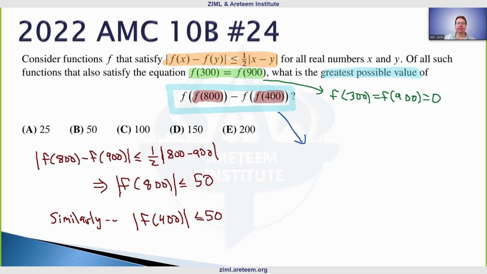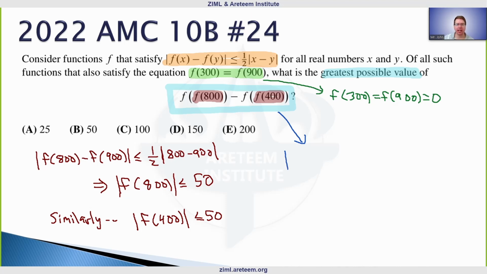So this is going to be possibly largest. What's our goal here? Well, the difference is less than or equal to the change of the x's. So let me write it out this way.